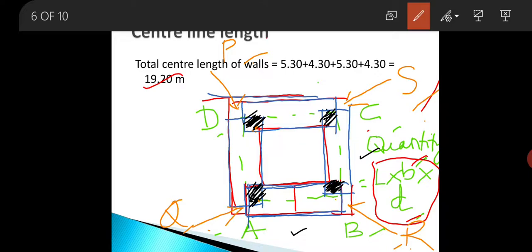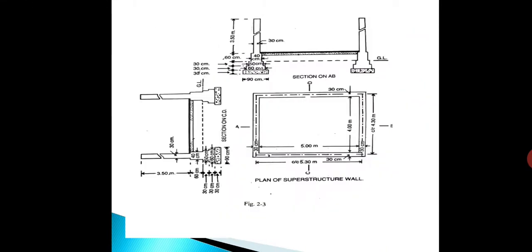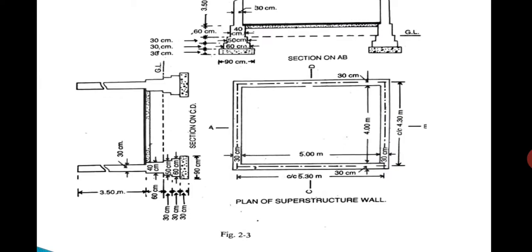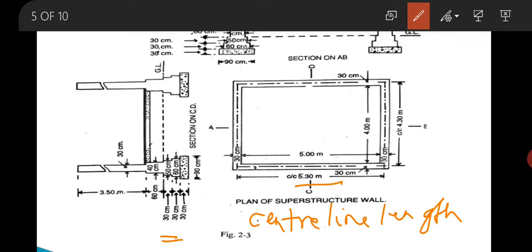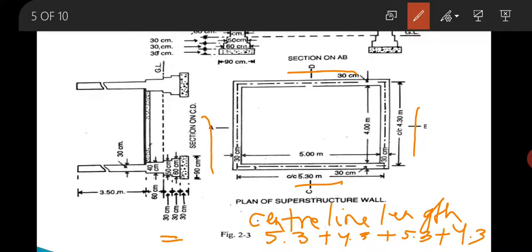Now we will move to our drawing. As there is no cross wall or junction wall, the center line length will be equal to, on this side 5.3, on this side 4.3, again on this side 5.3, again on this side 4.3, which is equal to 19.2 meter.